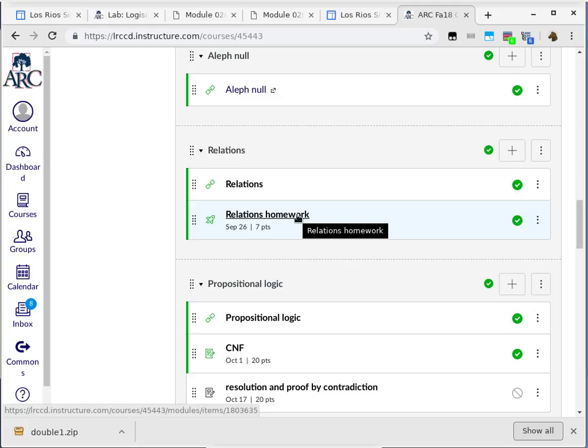If there's something that people do not understand, do not wait until the assignment is due. Ask those questions as soon as possible, because we have been off of the relations topic for at least 2 class meetings already, because we have been talking about propositional logic for some time. So don't wait, you've got to get these things cleared away as soon as possible.